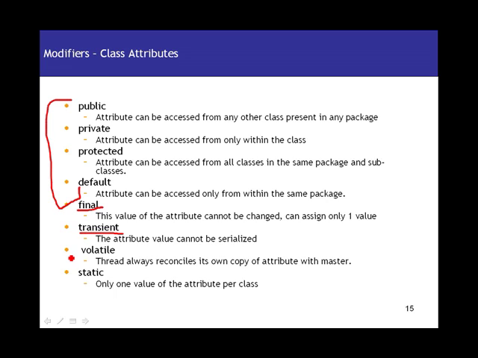So when I later deserialize this object, I'll get the values as employee name X, employee salary Y, and department Z.